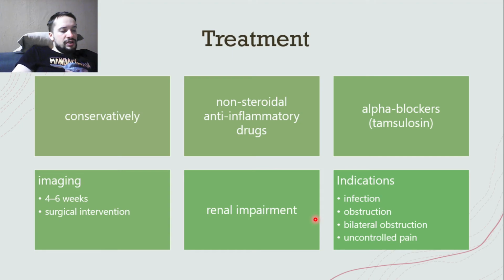Patients who fail conservative management after 4-6 weeks warrant surgical intervention to prevent renal impairment. Indications for intervention include infection, obstruction in a solitary kidney, bilateral obstruction, and uncontrolled pain.